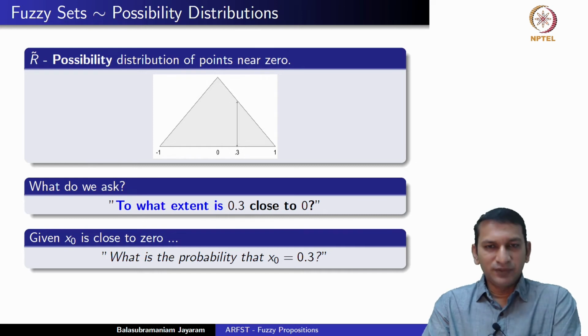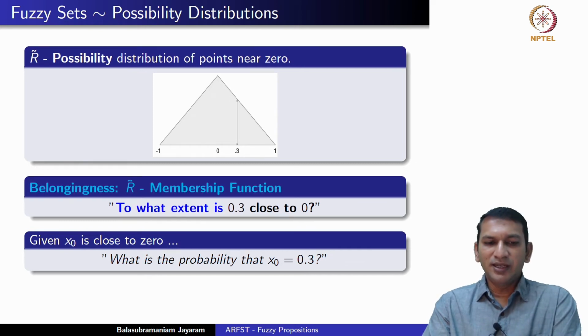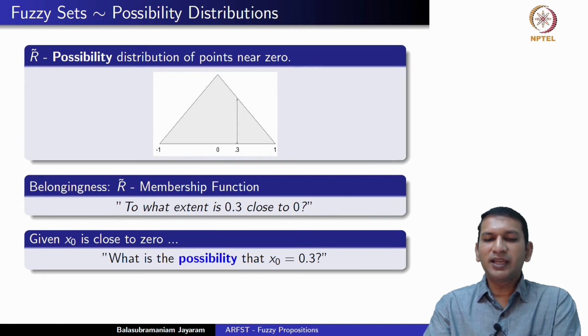Now, when this is the question that we want answered, then essentially we are looking at R tilde as a membership function. We are discussing the belongingness of 0.3 to this concept. But we can also ask the same question. Given x0 is close to 0, instead of probability, we can ask what is the possibility that x0 is 0.3?